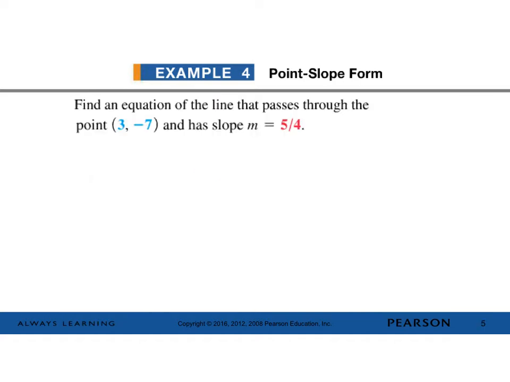In example 4, they want us to write the equation of a line that passes through the point 3, negative 7, and it has a slope of 5/4. This is what your point slope form looks like. It's y minus the other y point, or the y value, is equal to the slope, which is m, times the quantity x minus the x value of the given point.